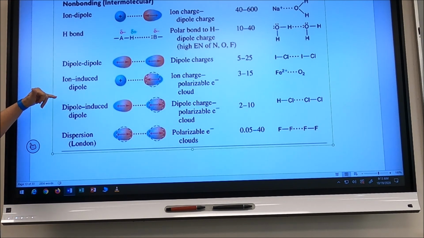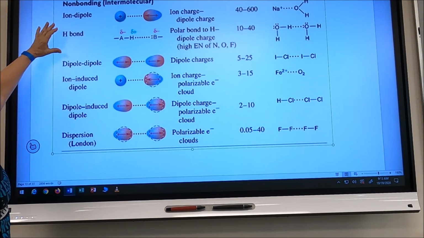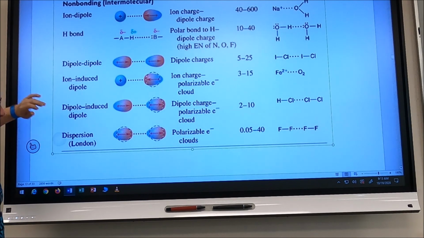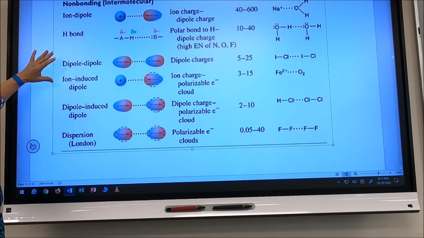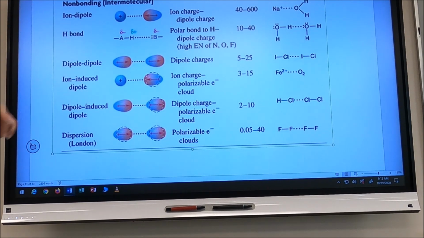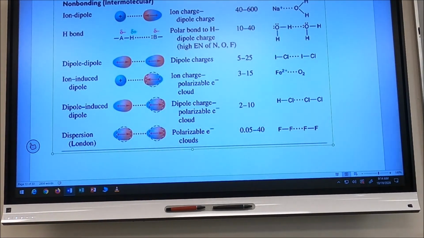The ion-induced dipole, the dipole-induced dipole, and the ion dipole are only seen between two particles that are not the same. And I've got examples over there.